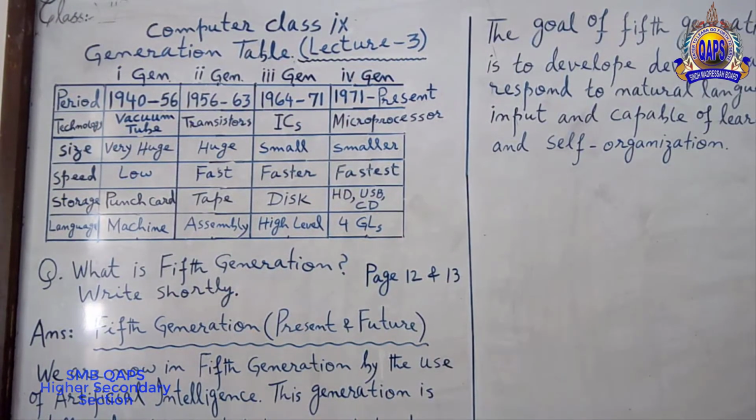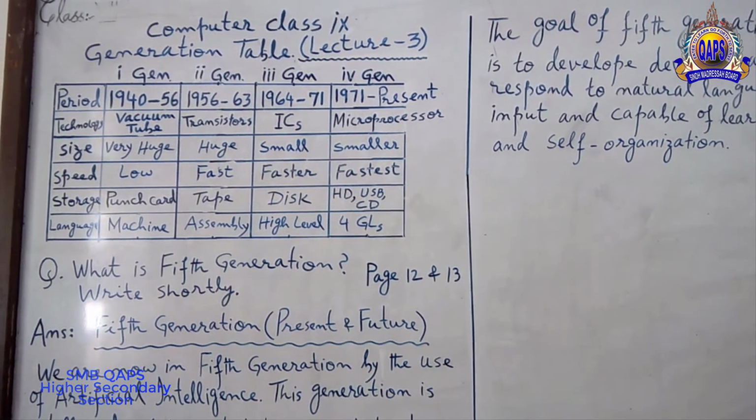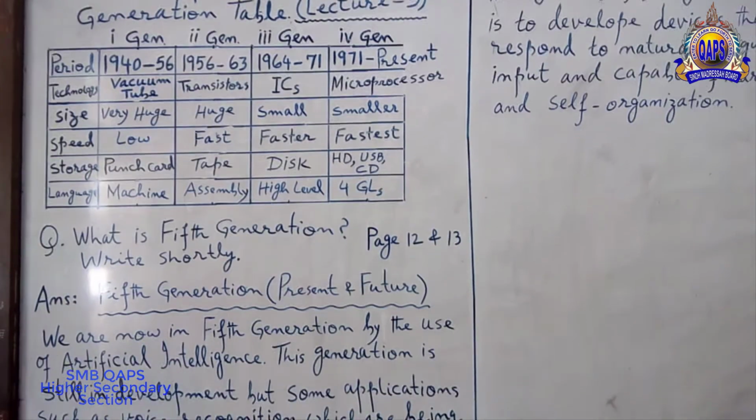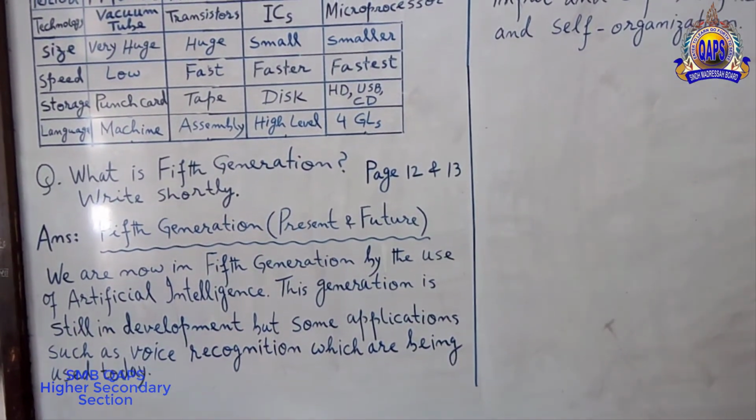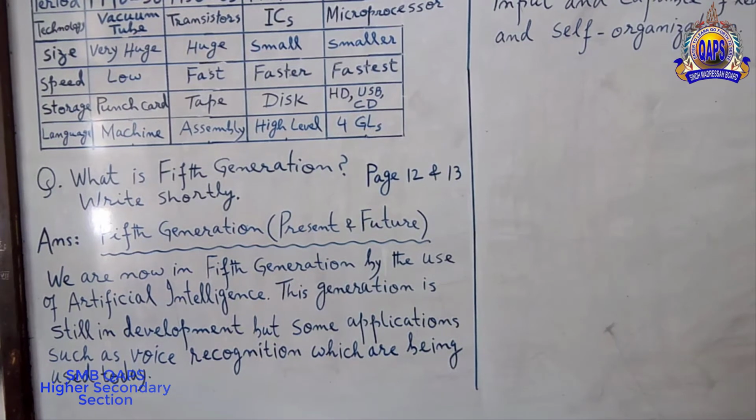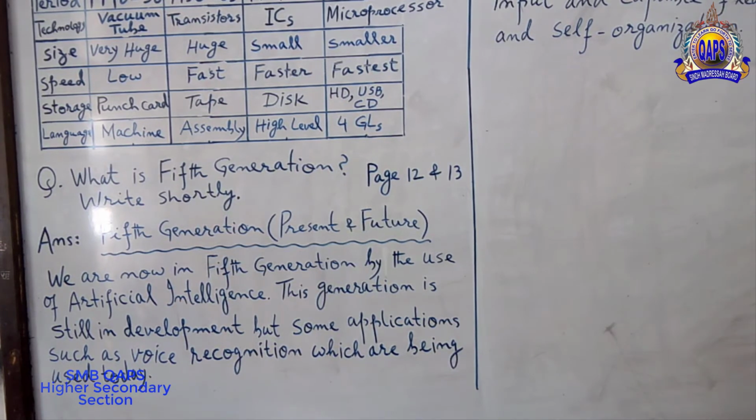Students, in the last, one more time, I am asking you to have a look at the board. Computer class 9, generation table, lecture number 3. Read all the things very carefully. I am placing my camera over there, so everything is very clear in front of you.